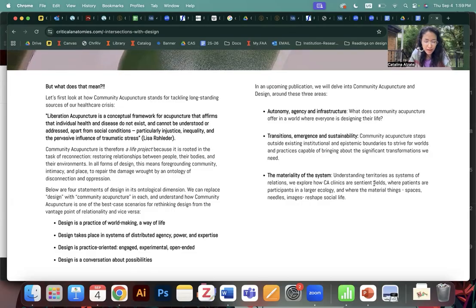So in this context in which most of us learn to be dependent on a system, community acupuncture, from the point of view of a patient, gives us the tools to figure out how we want to manage this medicine. And for me, the most transformational thing that came with community acupuncture was that, and this was not a rational thing, it was a very embodied reality that I needed to go to the clinic.